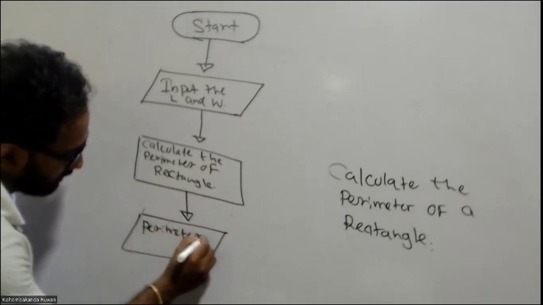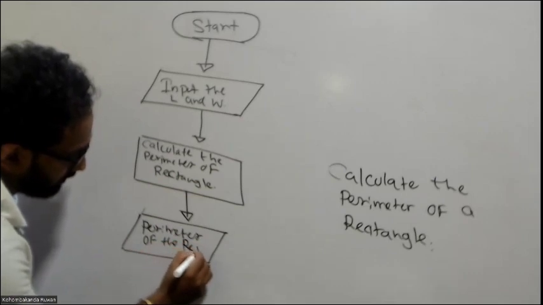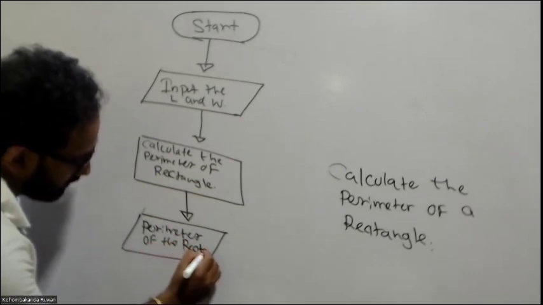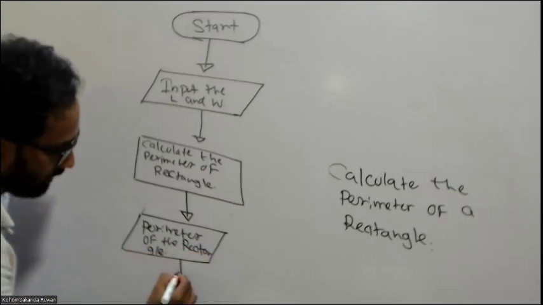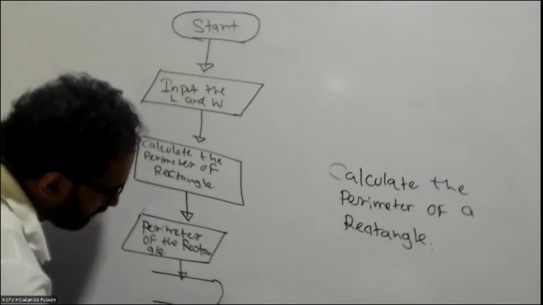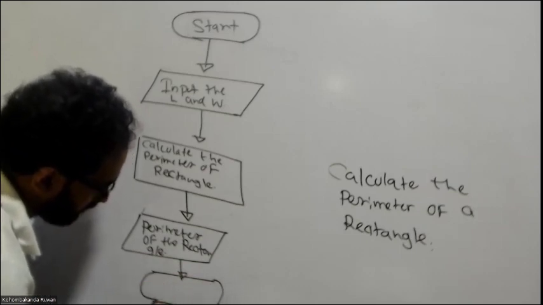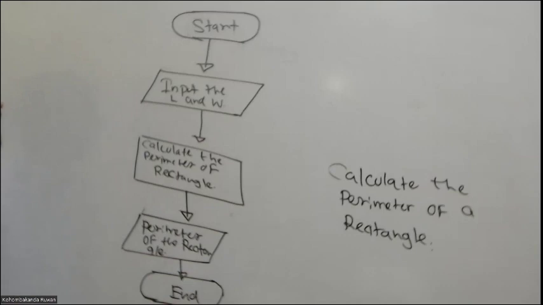Final one is end. End like this. This is the flow chart to calculate the perimeter of the rectangle.